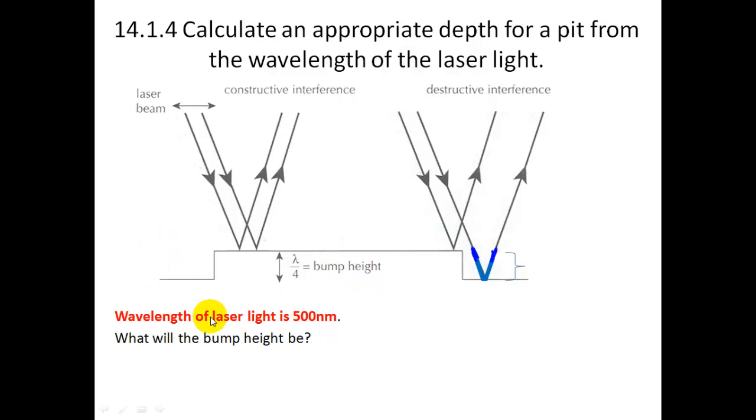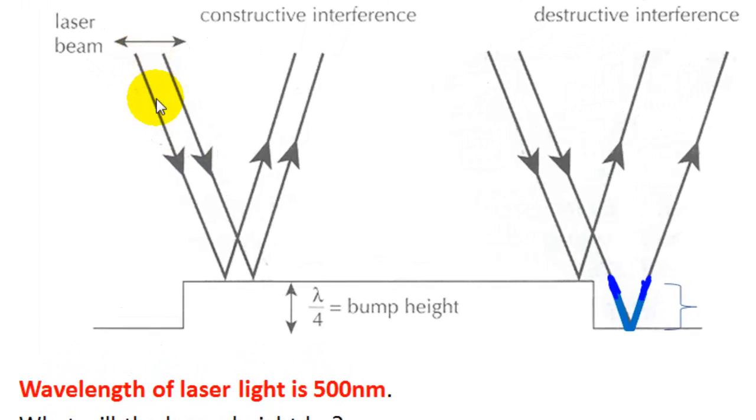If we have a light of wavelength 500 nanometers, which is incident on here, this beam of light and this beam of light, they interfere constructively when they're picked up by the laser reader. However, when it goes between a bump and a pit, some of the signal has to go further.